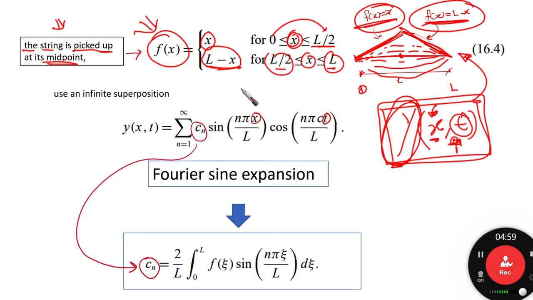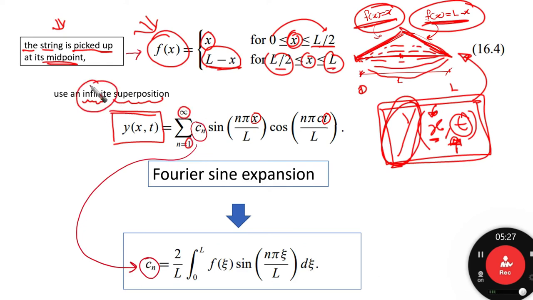So we are going to use our skills that we have already trained before, using superposition and the Fourier series, and we are going to find at the end that if we use an infinite superposition, we end up with y of x and t equals the summation of these terms from n equals 1 to infinity.